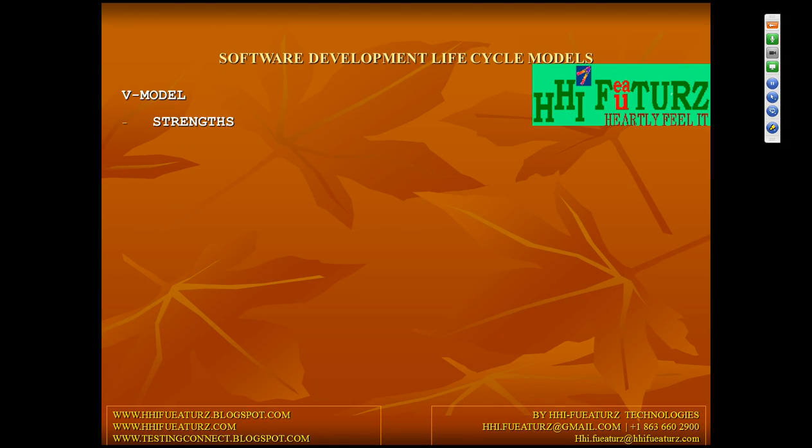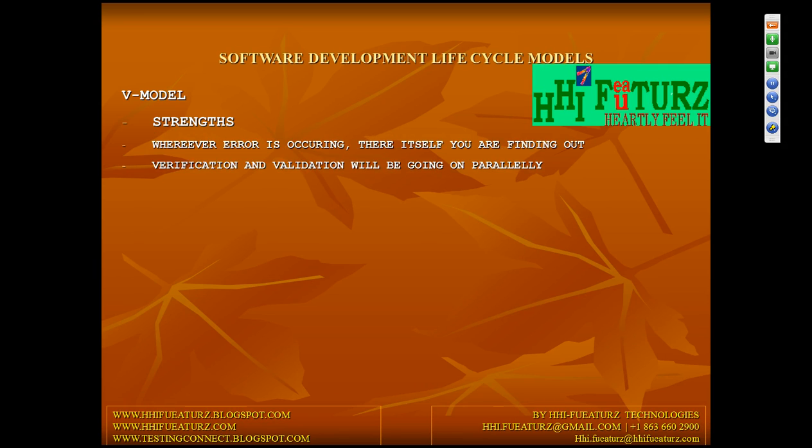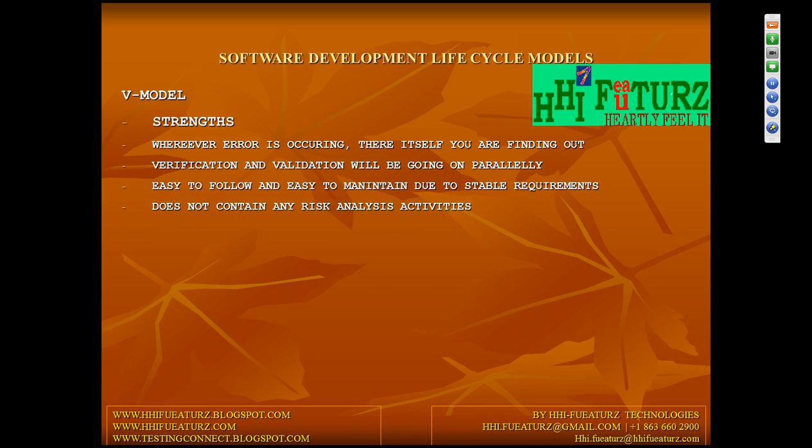You simply ignore it for now. Then strengths and weaknesses: mostly the advantages and disadvantages you come across for the waterfall model, you will get the same strengths and weaknesses for the V model, except one or two. In the V model, the major advantage is that both development and testing activities will be happening parallelly. So wherever an error occurs, right there you will find it, and immediately you will correct it.